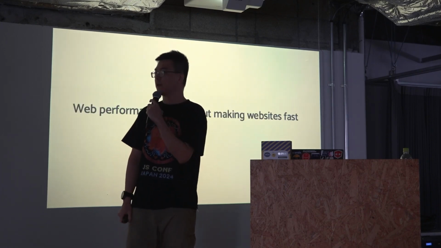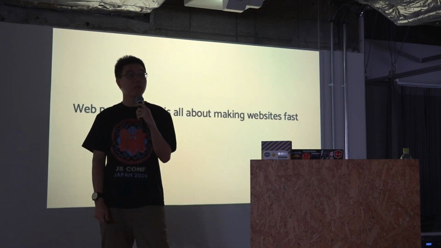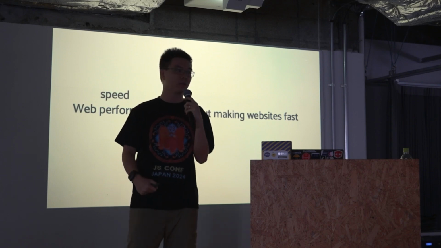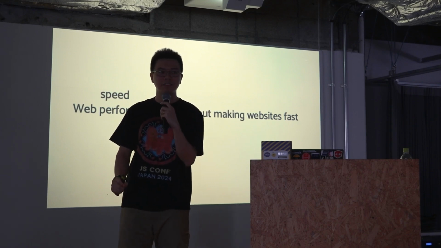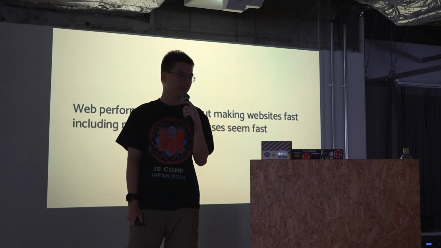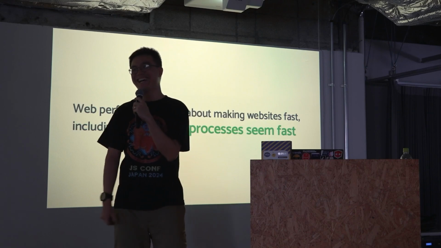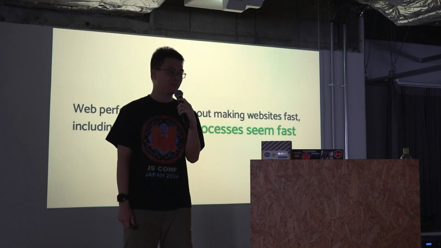In the topic of web performance, we obviously talk about how to make a website fast, and sometimes we call it web speed. But there's one other factor that fewer people talk about, which is making a slow process seem fast. I know this sounds quite interesting, but I want to show you an example.